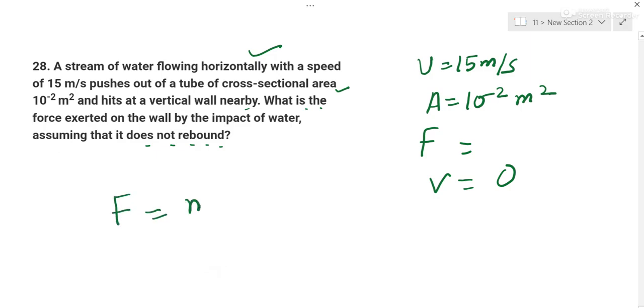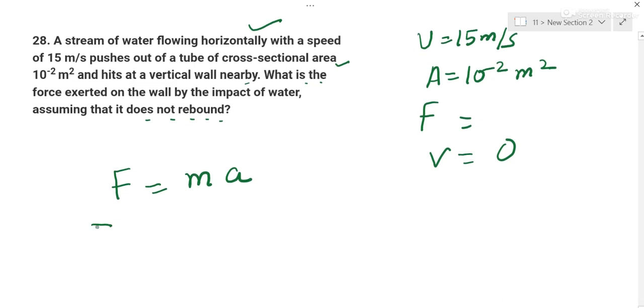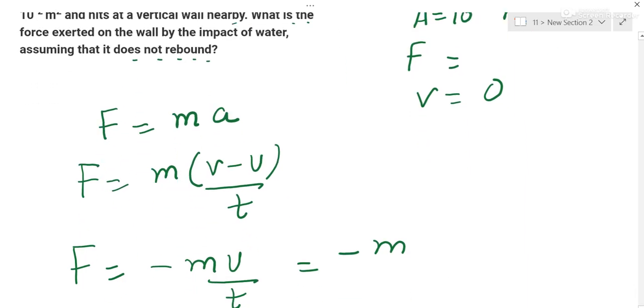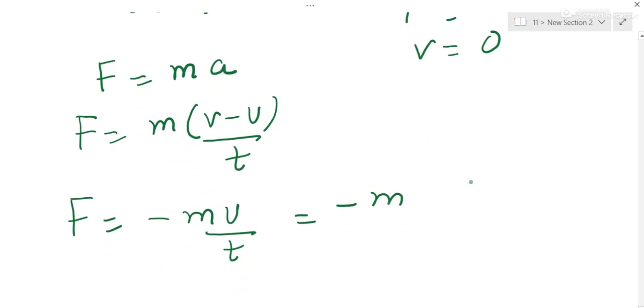So we have to find out the force. Force will be equal to ma, so force will be equal to mass times (v minus u) by t. Final velocity we have taken 0 because they are saying it doesn't rebound. It means it comes to rest. So it is minus mu by t. Initial velocity is 15, and time we don't know.